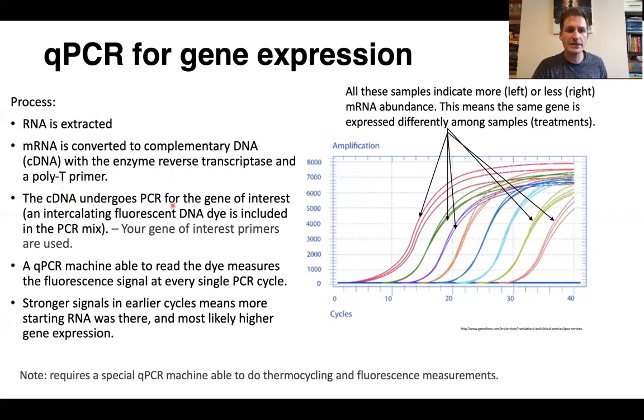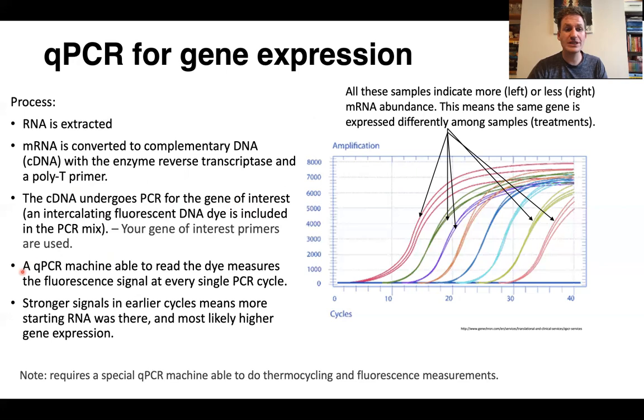Then you might enrich that cDNA pool, so you might just make a few more copies of each one that you created with PCR, either with that poly-T tail, or you might include primers of interest if you were just interested in one or two genes or something.